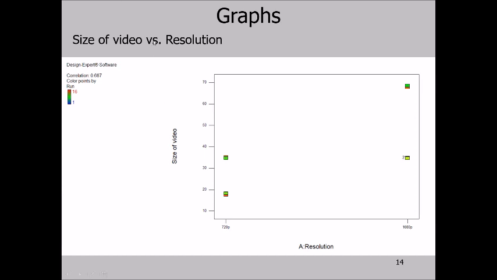First, size of video versus resolution. This is the response versus factor graph. You can see at low level and at high level how the size varies. You can see the variation.